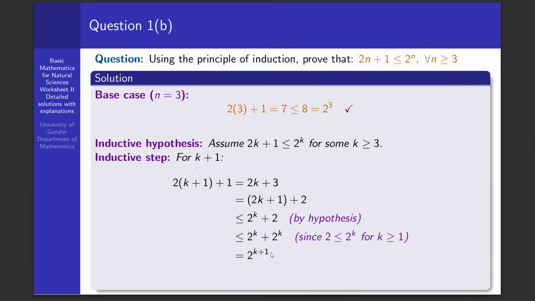Therefore, by the principle of mathematical induction, the statement 2n plus 1 less than or equal to 2^n holds true for every n greater than or equal to 3, because assuming the statement is true for an arbitrary k, we are able to show that it holds true for the next natural number, k plus 1. So that is the approach.